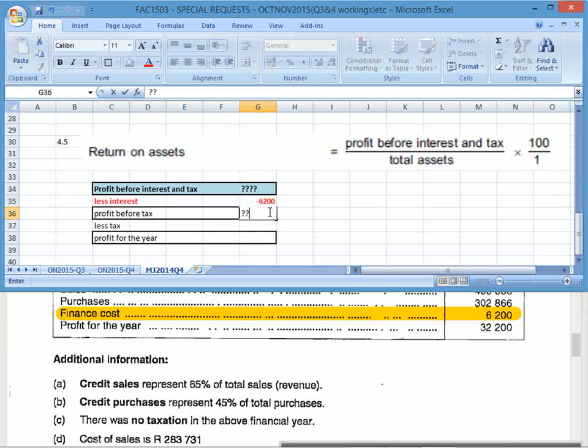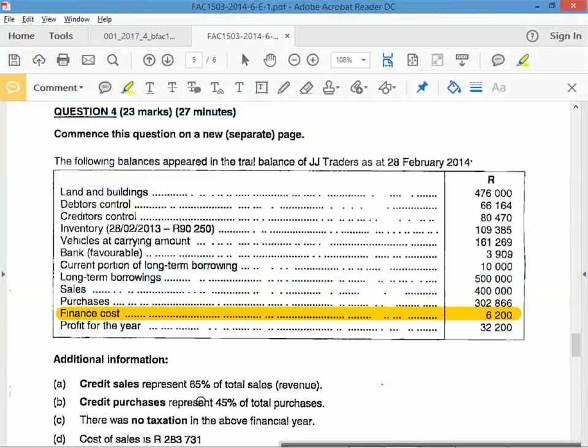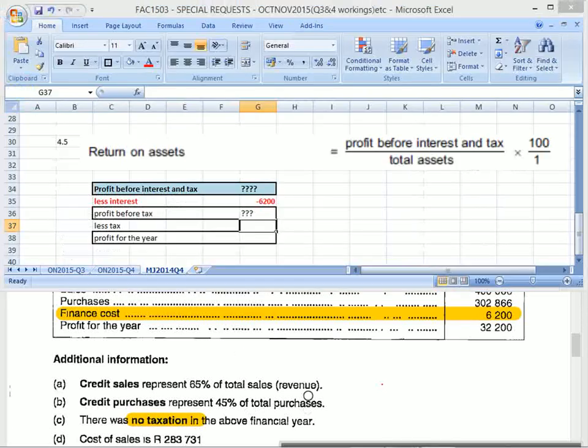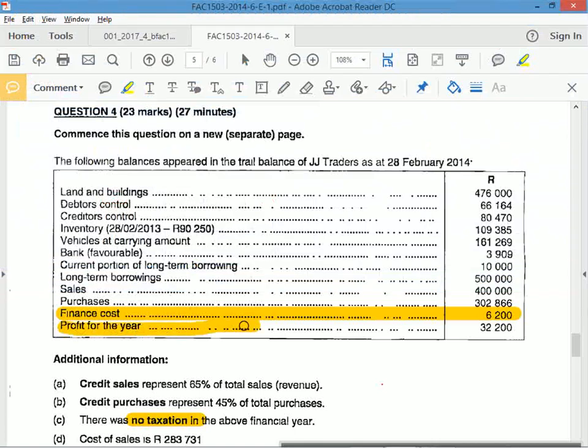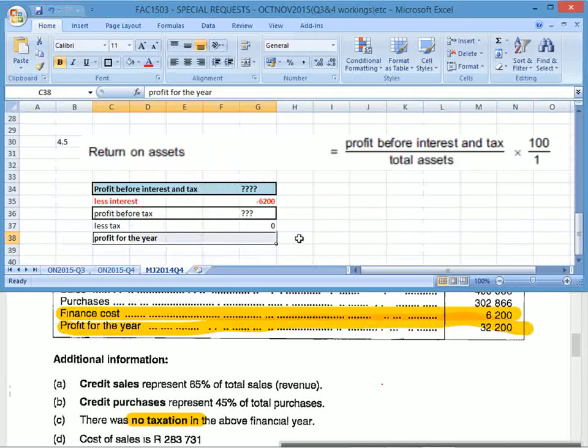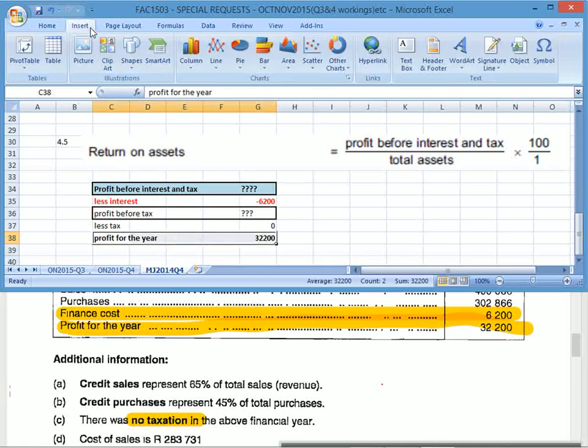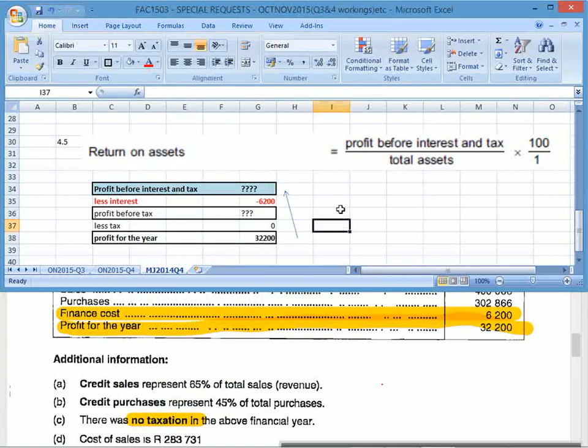Profit before tax, you don't know. Less tax, they told you. No tax. It'll always be 0 because it's a sole proprietor. And then profit for the year you can see is 32,200. Okay, so if you're starting here, how do I go backwards? Do I add or subtract?